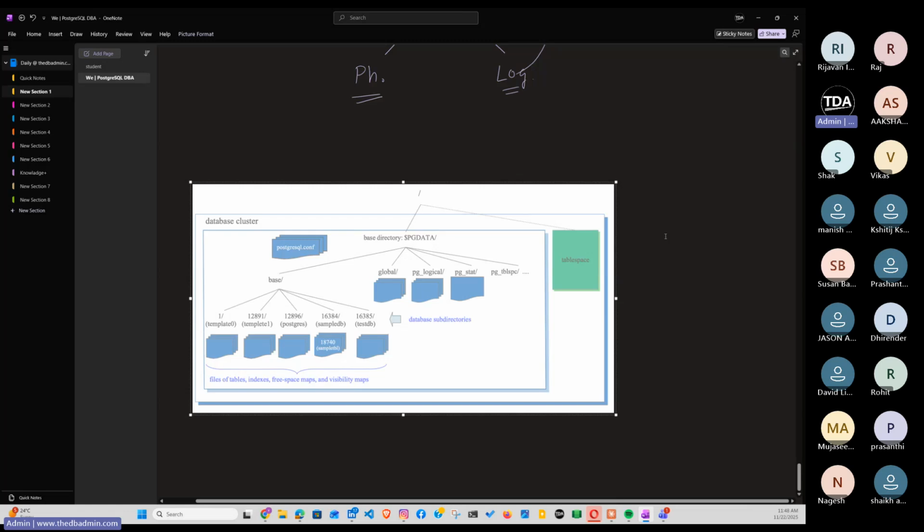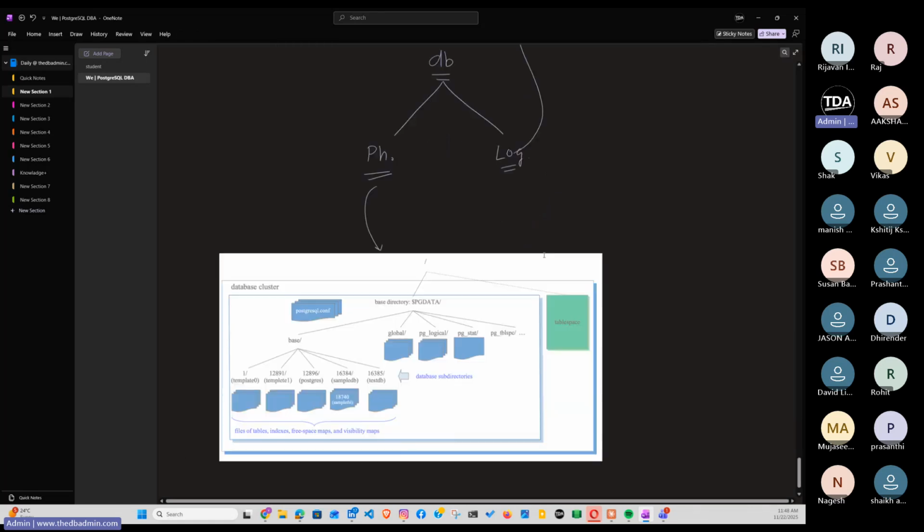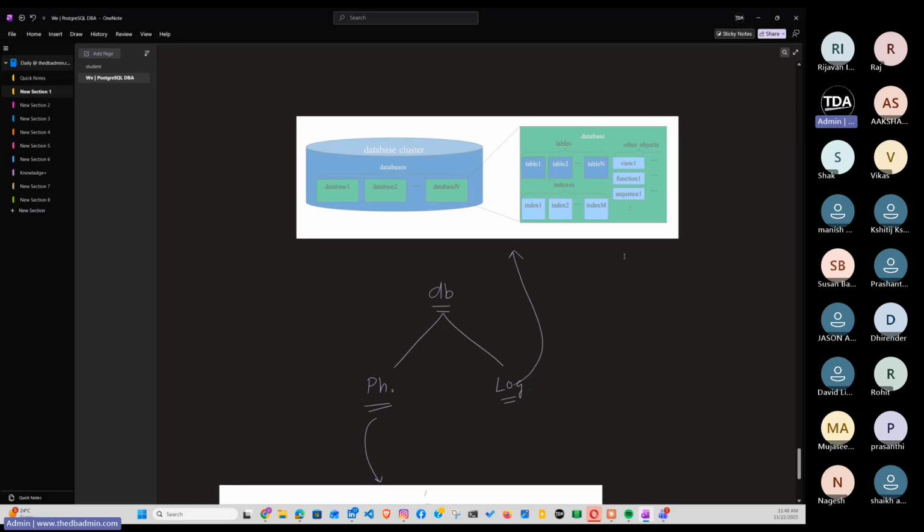I will explain everything one by one, otherwise you will get confused. Whenever I am talking about the physical part, I am referring to this particular stage of the database. So what is the logical part? The logical part is nothing but you have a database cluster.